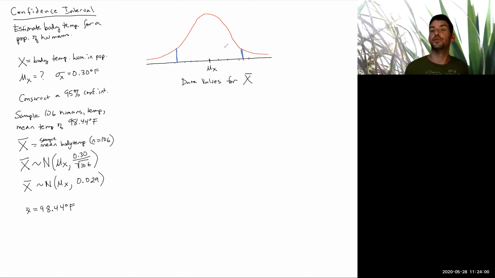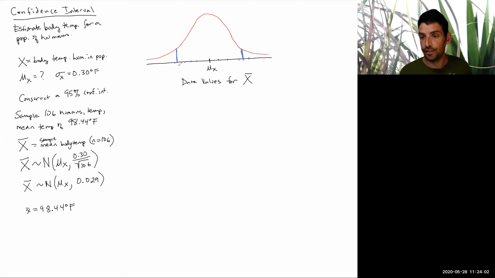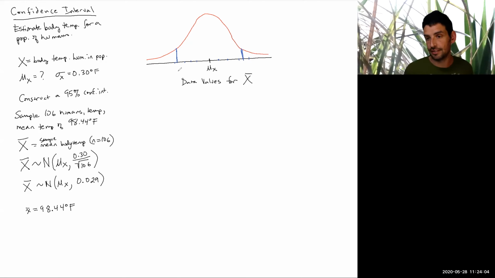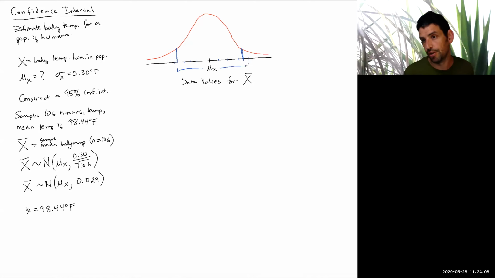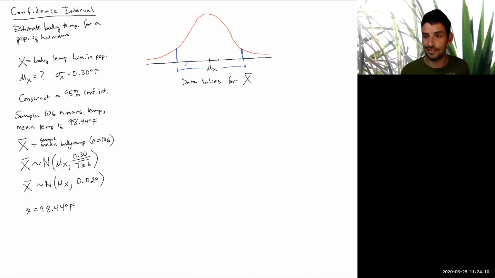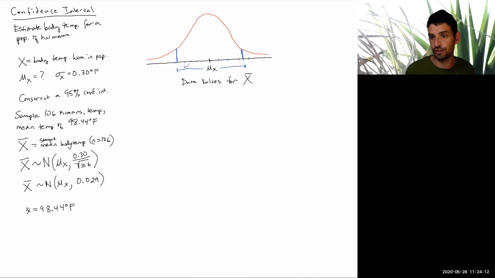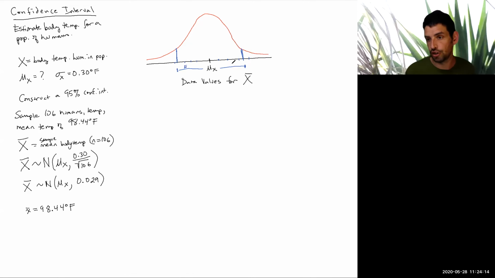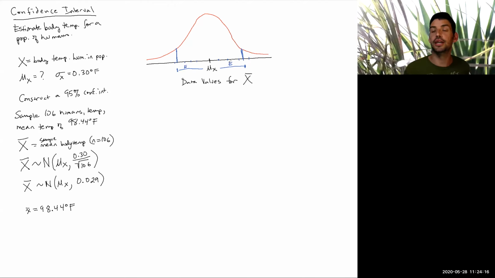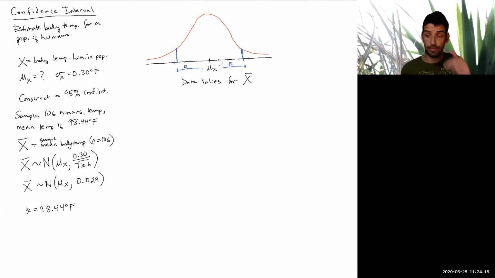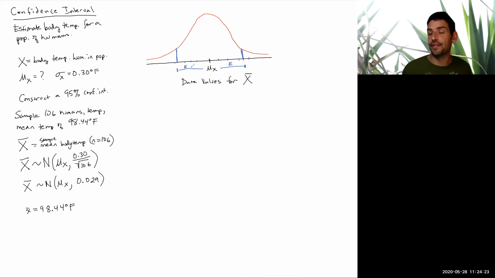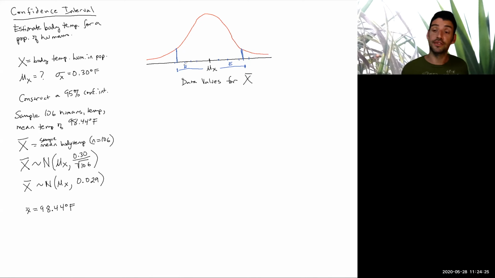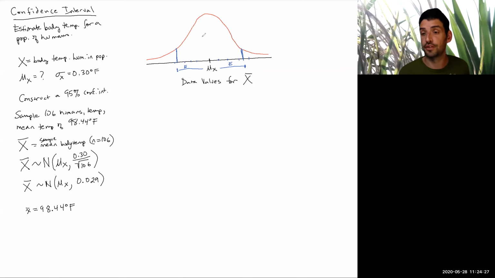This graph should be more symmetric, where they're going to be some distance above and below the mean. This distance is what we're going to call our margin of error, or I'll just call it E for now. Sometimes people call it EBM, error bound on the mean. E is easier to write in a small space. That's how far they are from the mean, some distance below and some distance above.